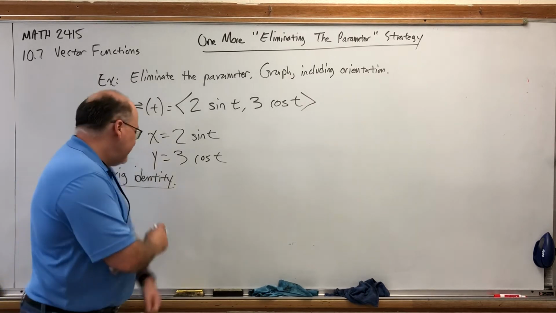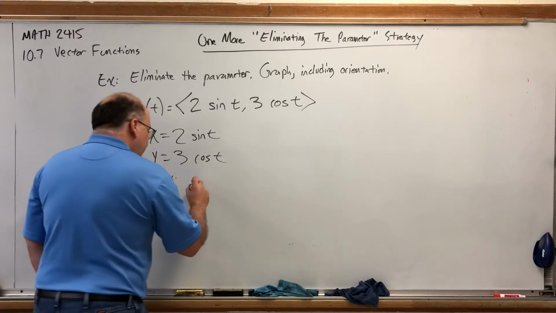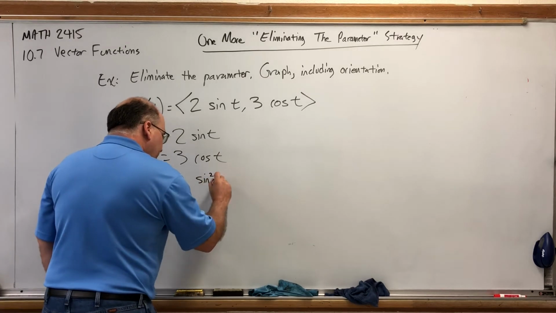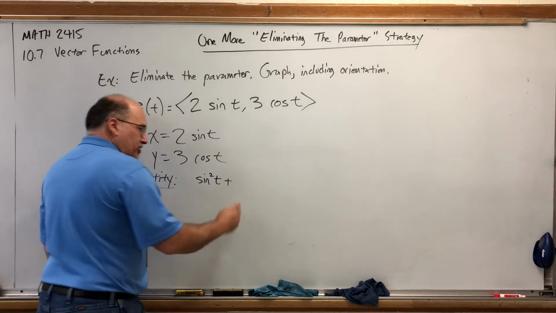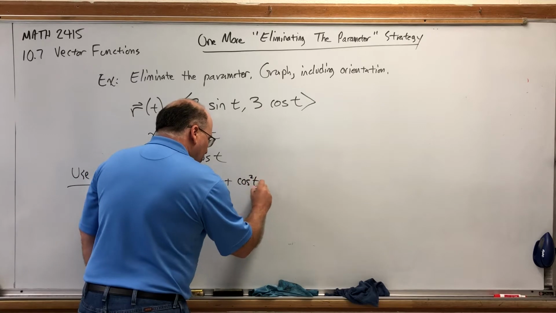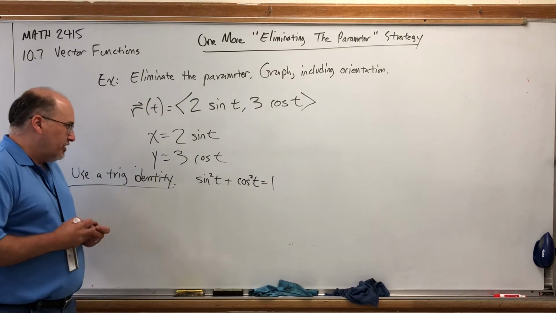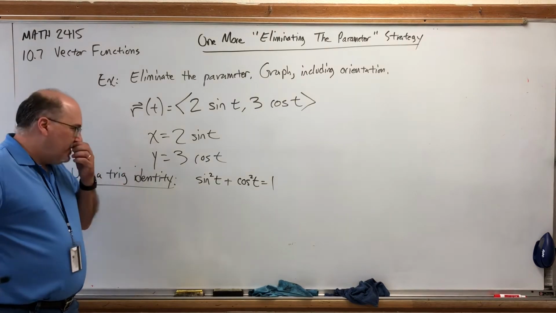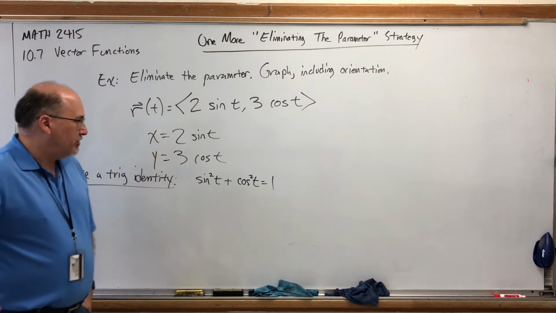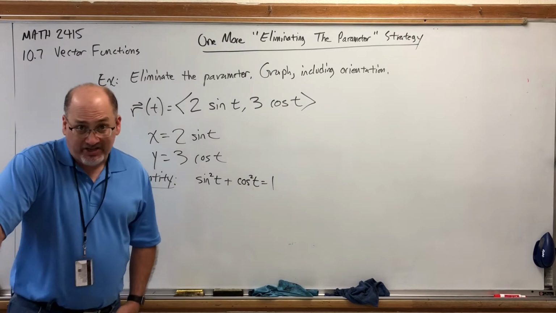That Pythagorean identity that we're going to use is sine squared, in this case sine squared t, plus cosine squared t is equal to 1. Because I'm talking cosines and sines. Now, in order to use this identity, we have to know what sine t equals and cosine t equals.